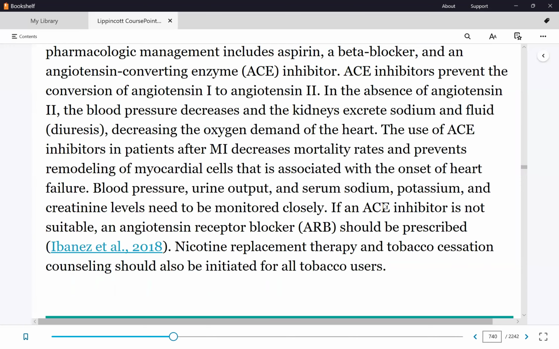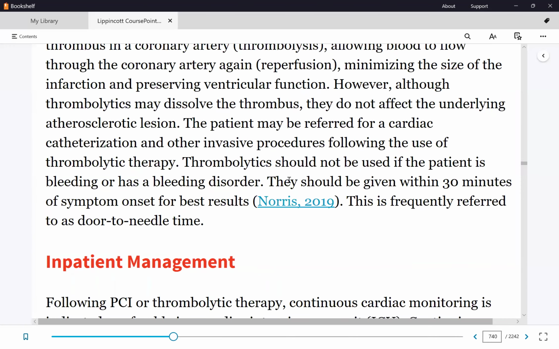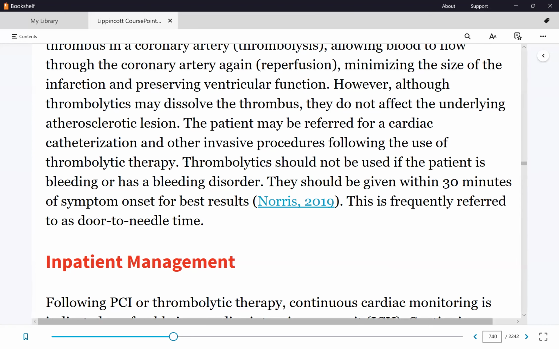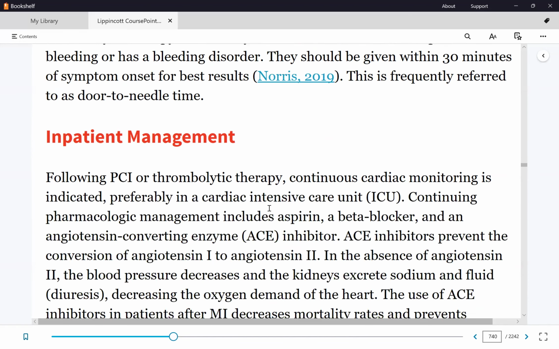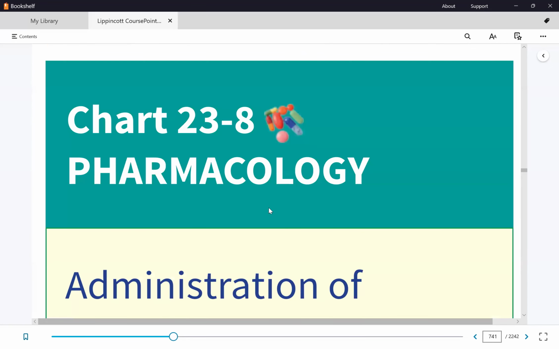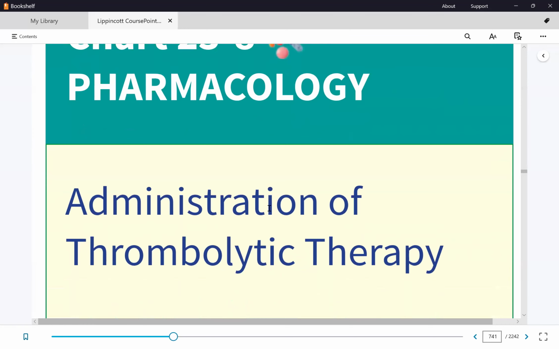The 30 minutes here, let me clarify, is if the patient has certain contraindications. But of course, what is better, 30 minutes or 12 hours? 30 minutes.